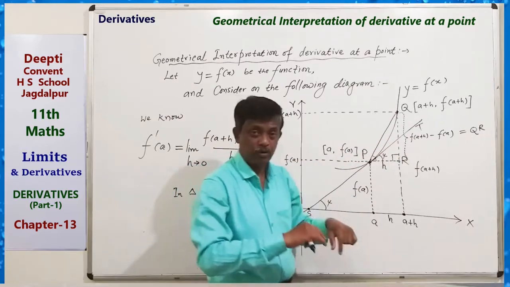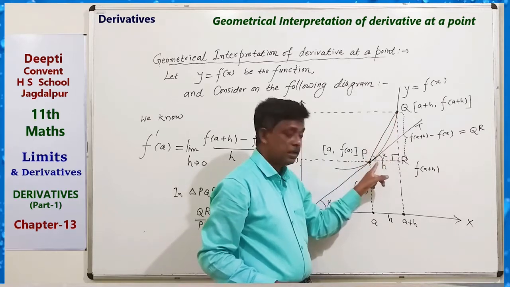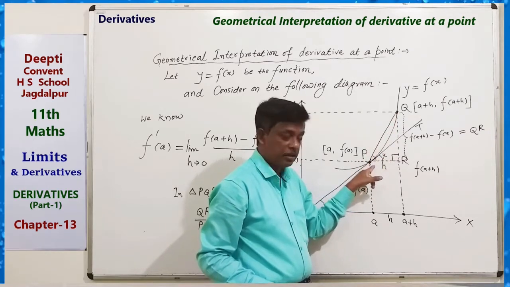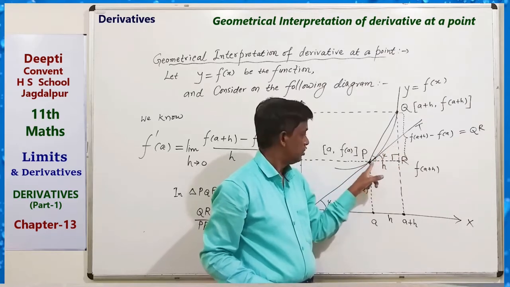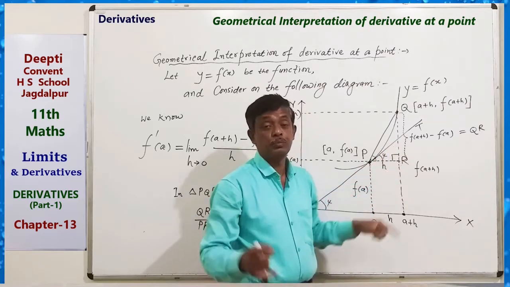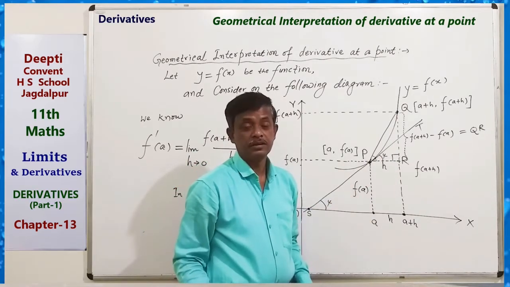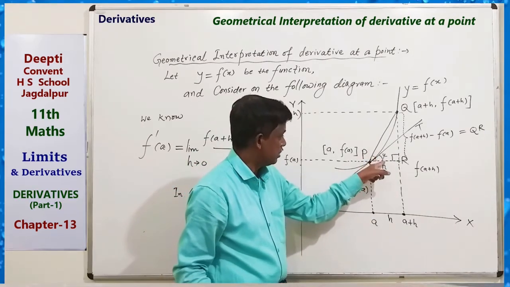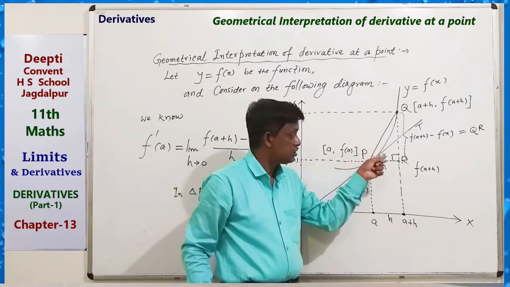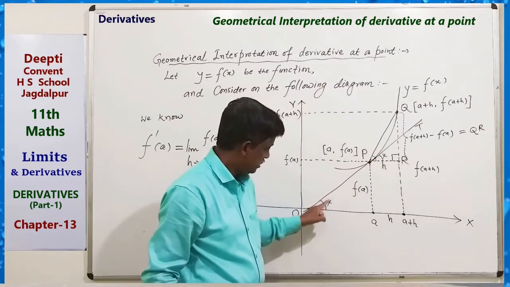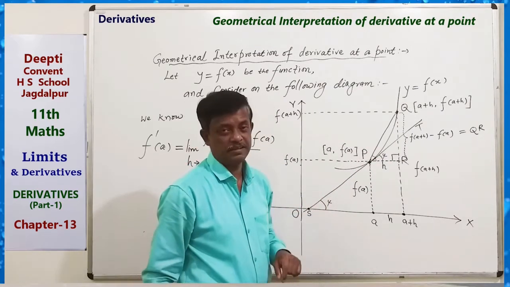But before tending, in this triangle, if this is the angle, then the front side is the perpendicular, and this is the base. So perpendicular by base is tan of this angle. This angle tends to psi, if the tangent makes angle psi with the x-axis.